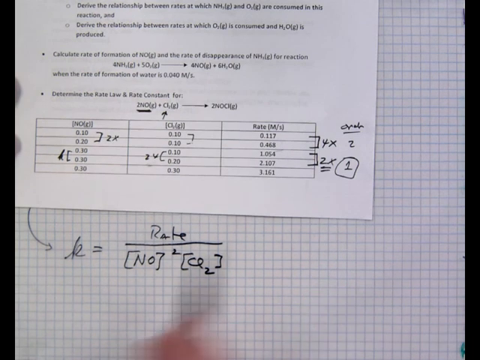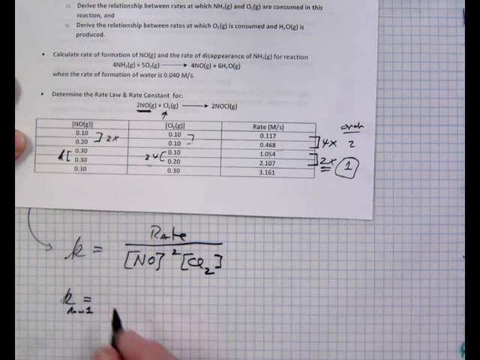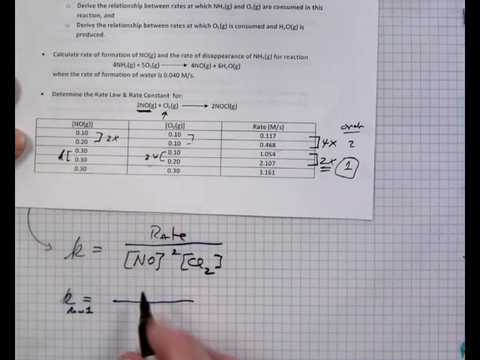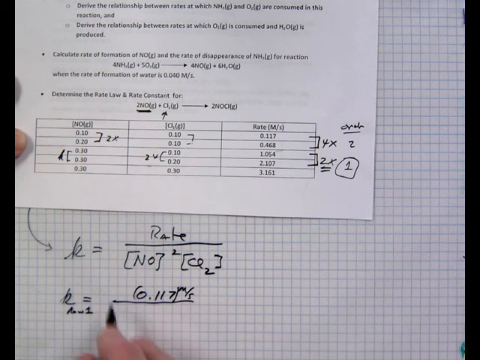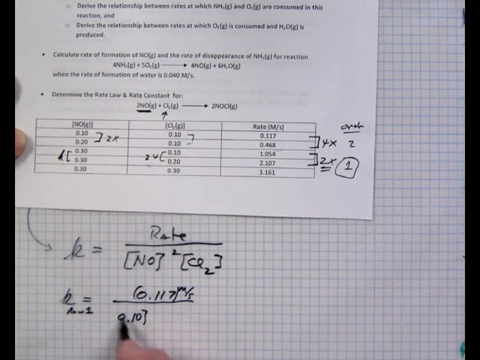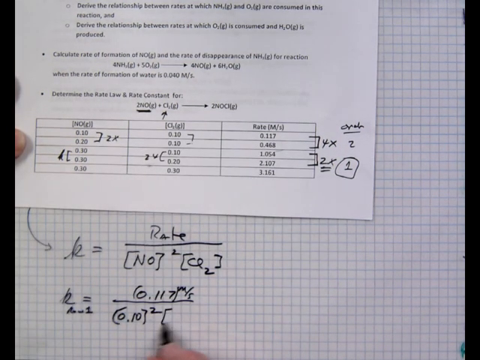So if I chose the first row in here, I can calculate K for row 1. And then in row 1, the rate is 0.117 mole per liter per second, right there. Concentration of nitrous oxide is 0.10, but we have to square that. And the concentration of Cl2 is also 0.10, but it's to the first power.